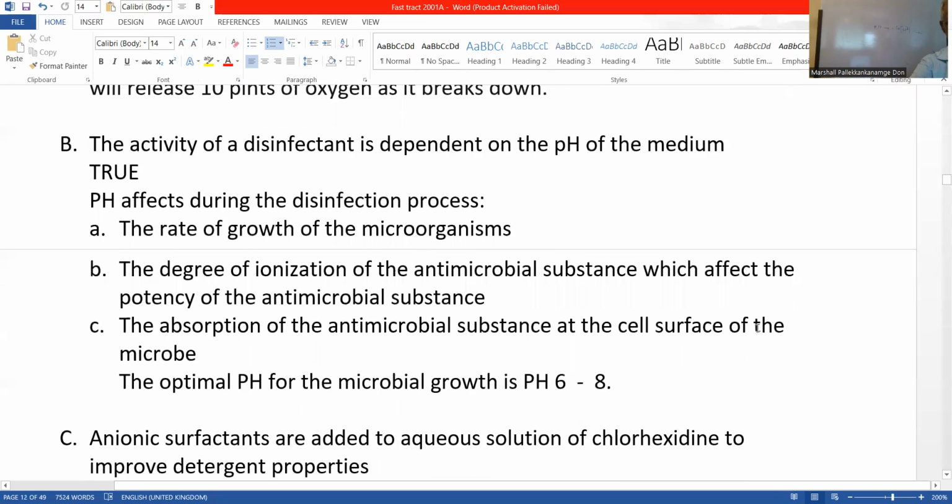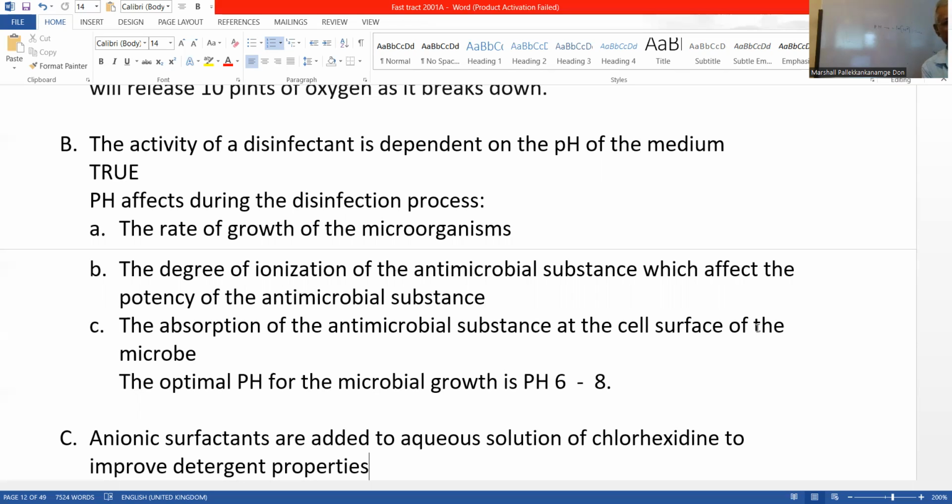B, the activity of a disinfectant is dependent on the pH of the medium. That is true, because pH is important in killing bacteria and also in keeping the effectiveness of the antiseptic. pH affects the rate of growth of microorganisms.